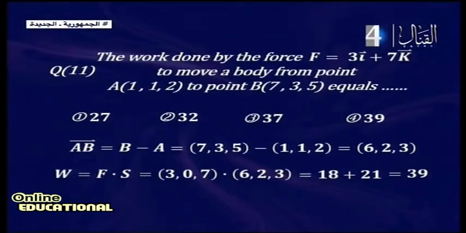F equals 3i plus 7k, with coordinates 3, 0, 7. What is the displacement? S equals vector AB from A to B, 6, 2, 3. Then the scalar product of the force F and displacement equals 18 plus 21 equals 39. The correct answer is 39.